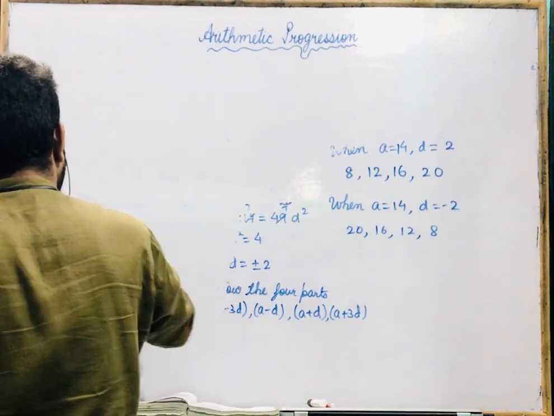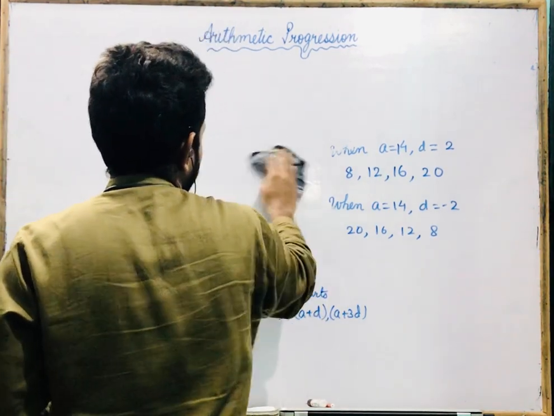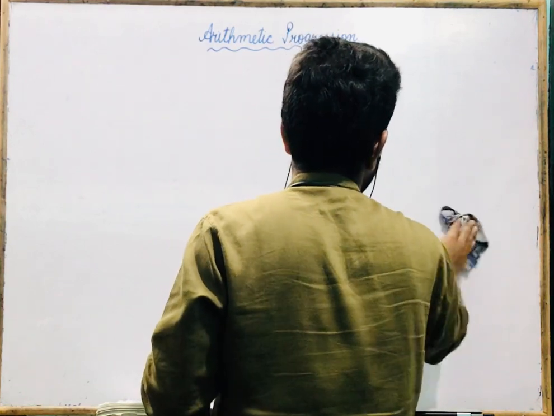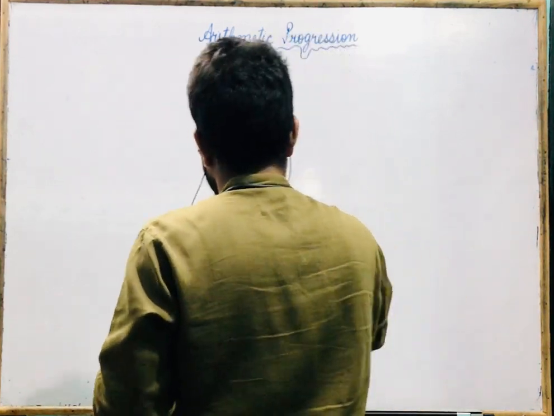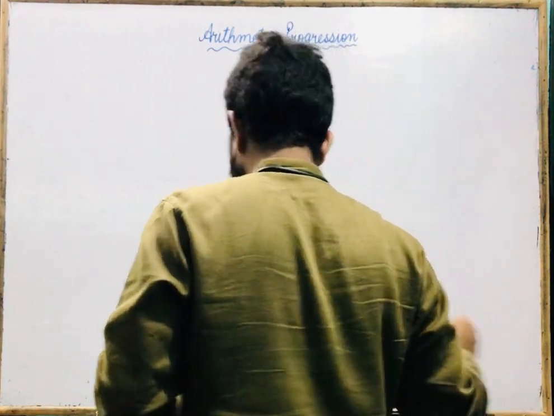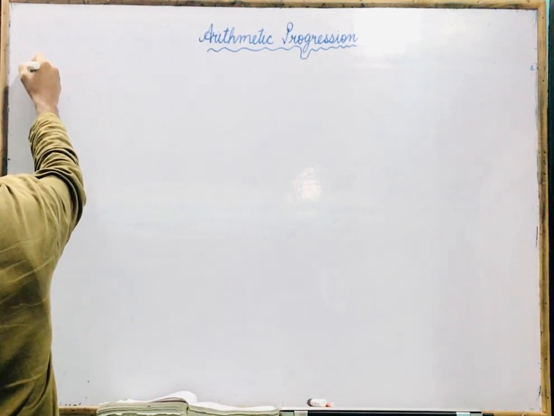These are 4 numbers, so how will you take it? A minus 3D, A minus D, A plus D and A plus 3D? Yes? This is how you will take it?